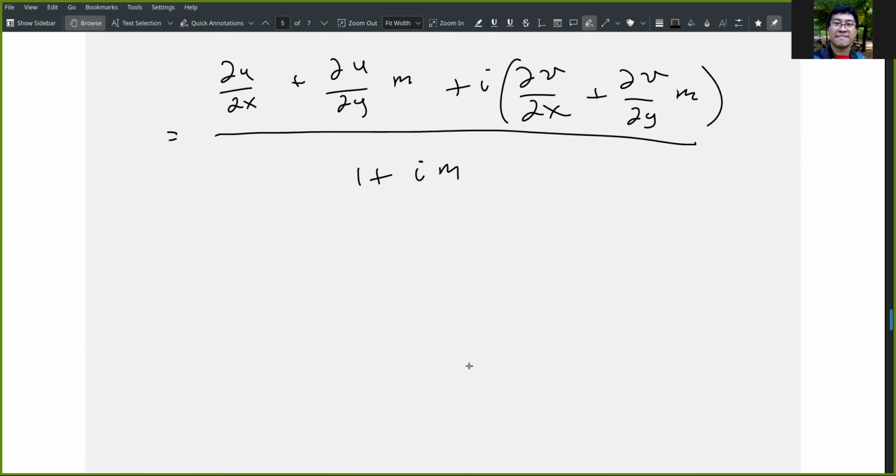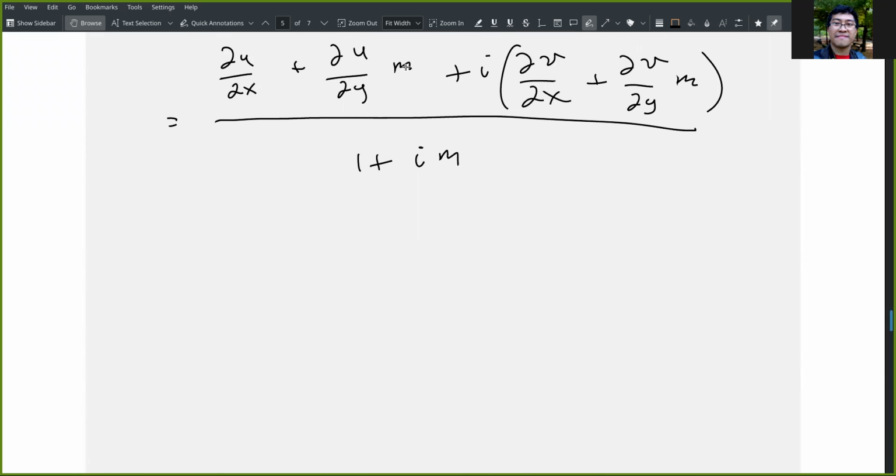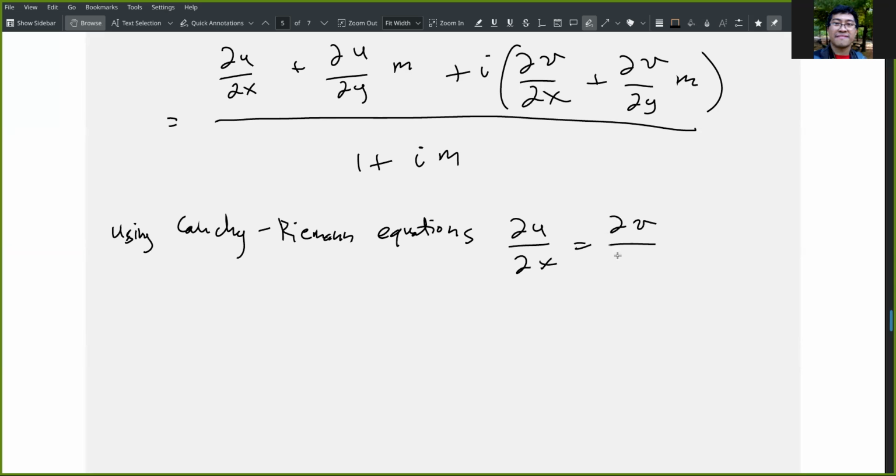So our next step is to find a way to cancel the m's here. What we can do is use the Cauchy-Riemann equations: partial u with respect to x equals partial v with respect to y, and partial v with respect to x equals minus partial u with respect to y.